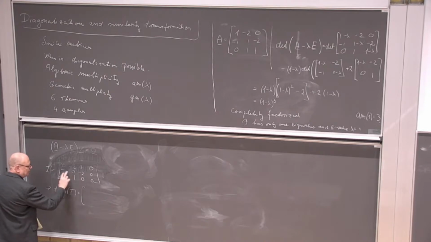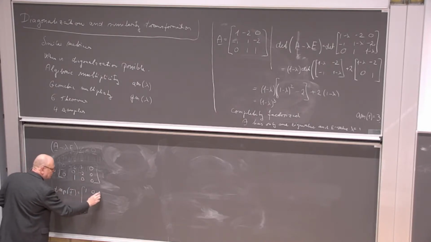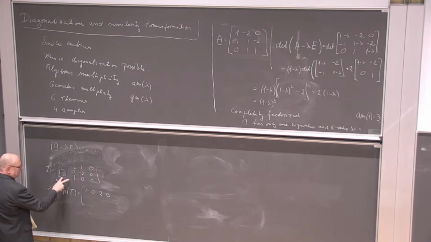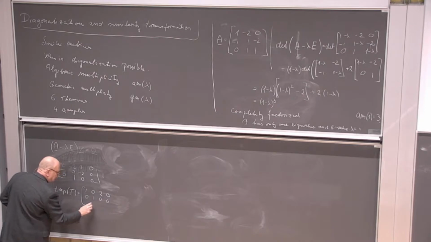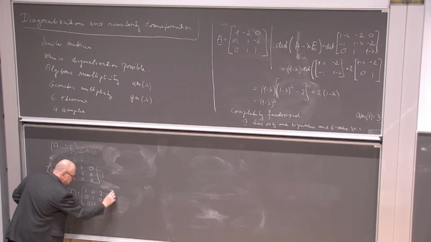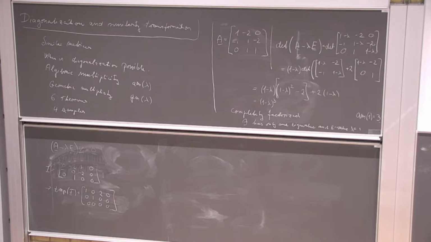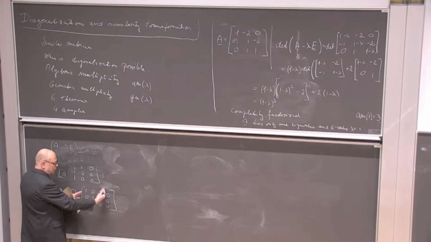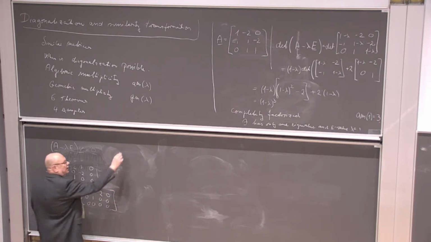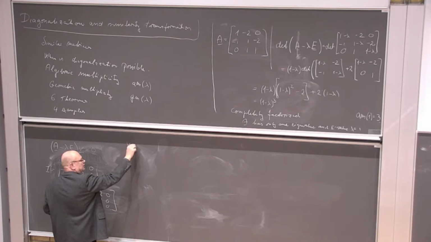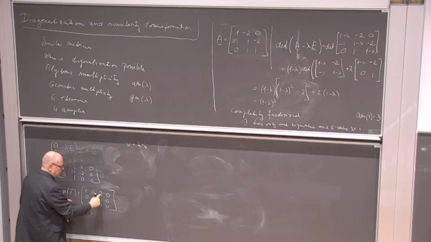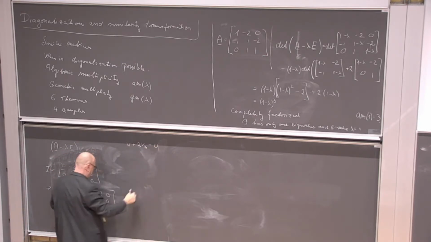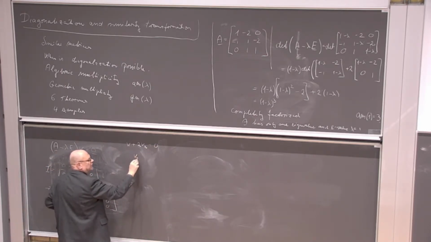Also, I change the sign in this, so I get 1, 0, 2, 0. And then in this one, I get 0, 1, 0, 0, and then all zeros at the bottom. So if you interpret this as equations, then I have V1 plus 2 V3 is equal to 0, and then I have V2 is equal to 0.